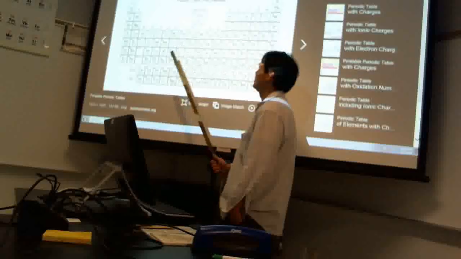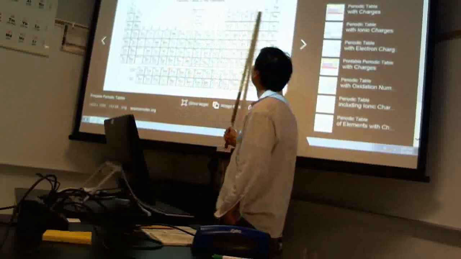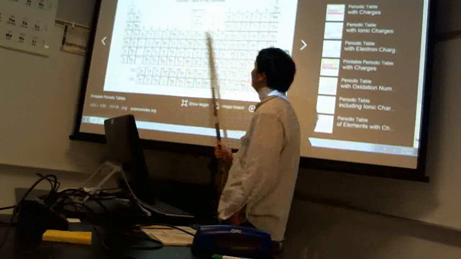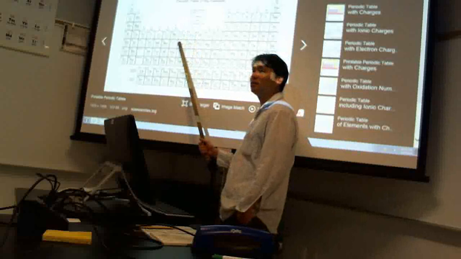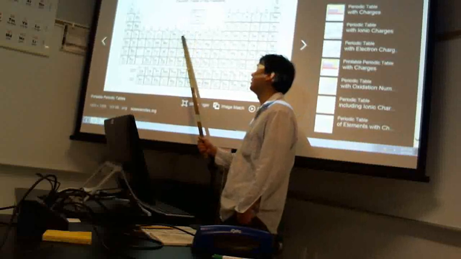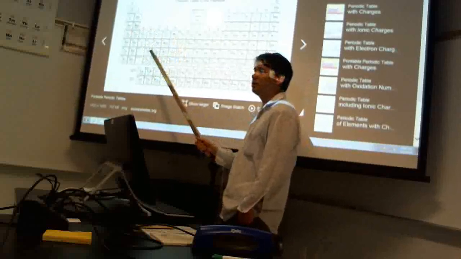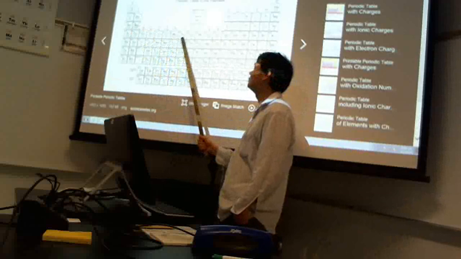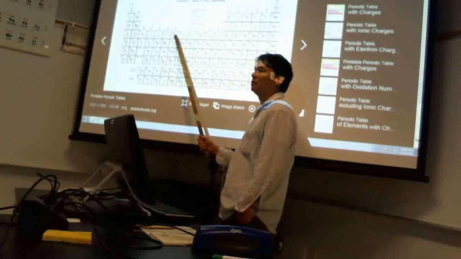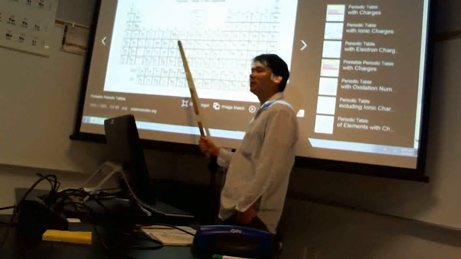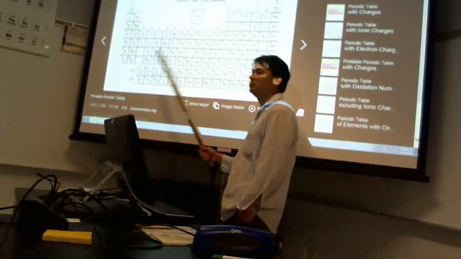And so how many inner shell electrons does iron have? Maybe the easiest thing to say is how many valence shell electrons does iron have? It has 2, n equals 4. Everything else is inner shell, and so it has 24 inner shell electrons. Z is 26. 26 minus 24 inner shell electrons shielding means Z effective is 2.